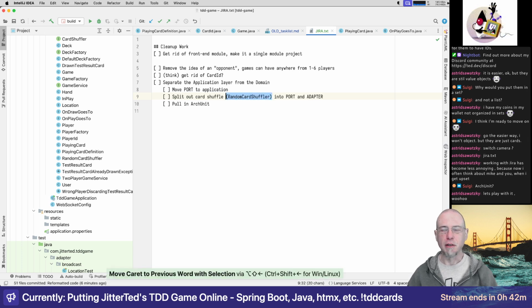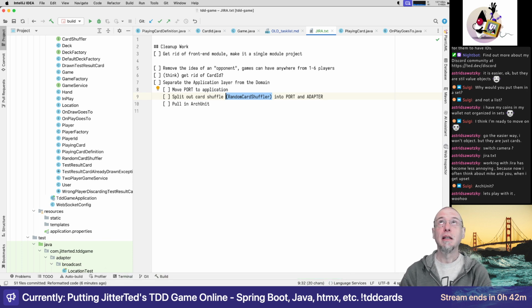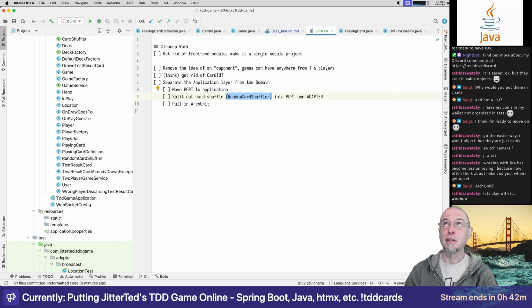I did just finish writing a rule for this: any class that references random directly, references certain clock methods, or references Collections.shuffle must be an adapter. So I'll pull in that ArchUnit rule as well.